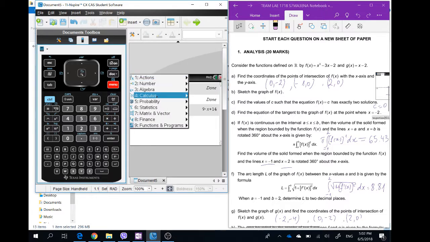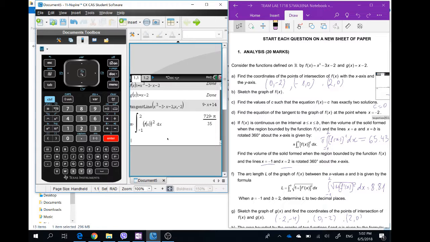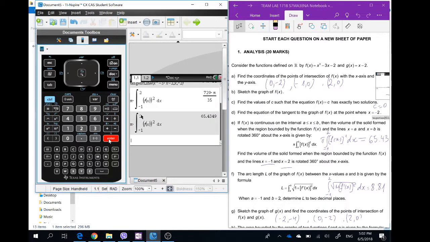Menu, calculus, integral from -1 to 2, and then you have f of x squared, f of x in brackets squared, dx. And this is the question. If you want to find the approximate number, it's Control Enter and you have it.